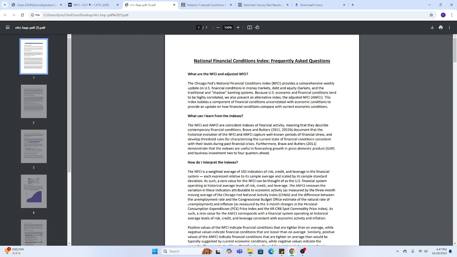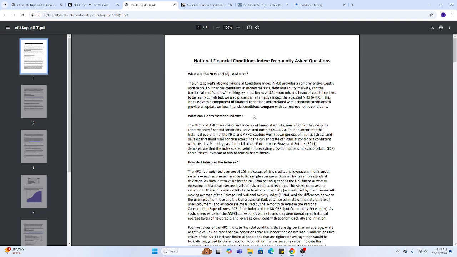So basically, a weekly update on U.S. financial conditions in money markets, debt and equity markets, and traditional, as well as shadow banking system. Whatever the fuck that means, your guess is as good as mine, but it sounds kind of cool. It says because U.S. economic and financial conditions tend to be highly correlated, we also present an alternative index.